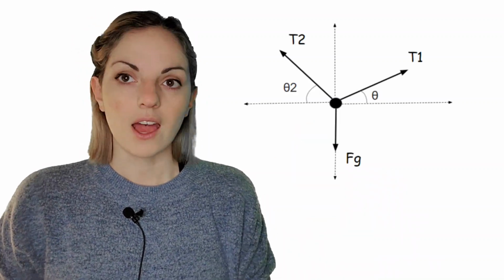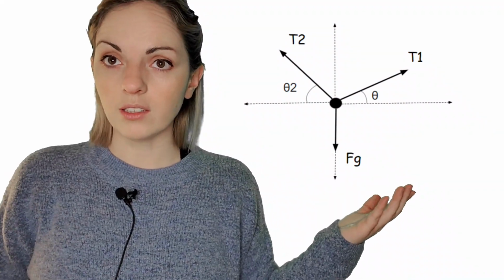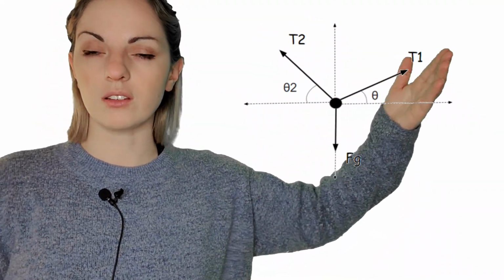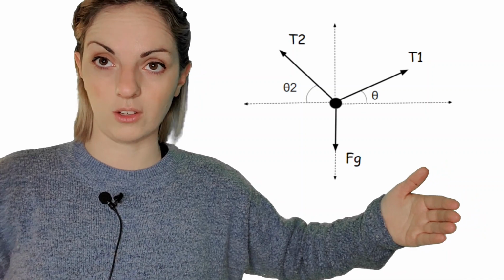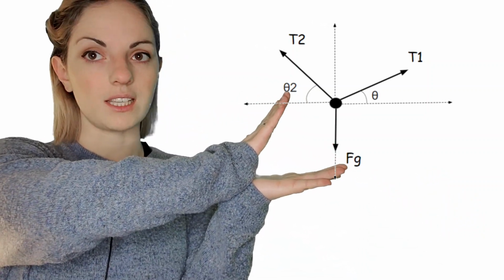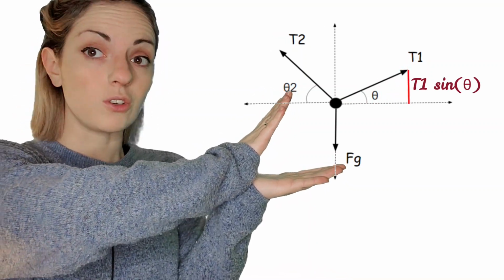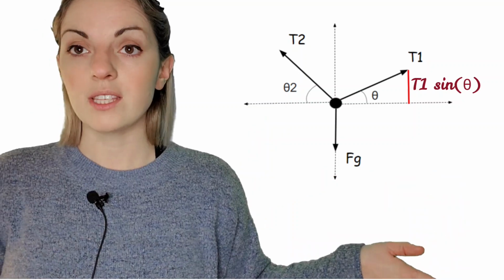Now if we do the vertical components, tension 1, like I said before, the vertical will be the opposite of the angle, because you have the angle here and the vertical line is actually on the other side. The theta angle is looking at the vertical line, so it's sine of theta.